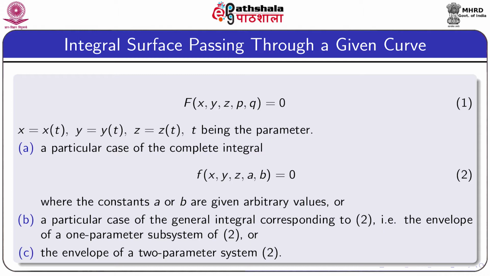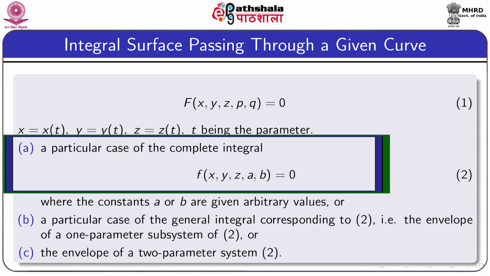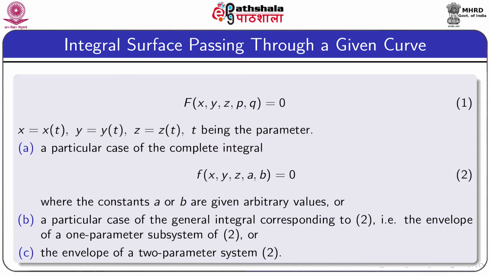Now, the integral may be a particular case of the complete integral, small f(x, y, z, a, b) equals 0, where the constants a and b are given arbitrary values, or it may be a particular case of the general integral corresponding to 2, that is, the envelope of a one parameter subsystem of 2, or it may be the envelope of a two parameter system of 2, that means it may be a singular integral.